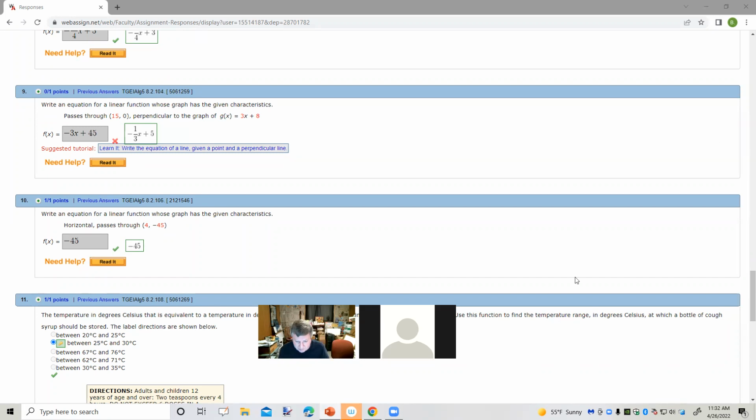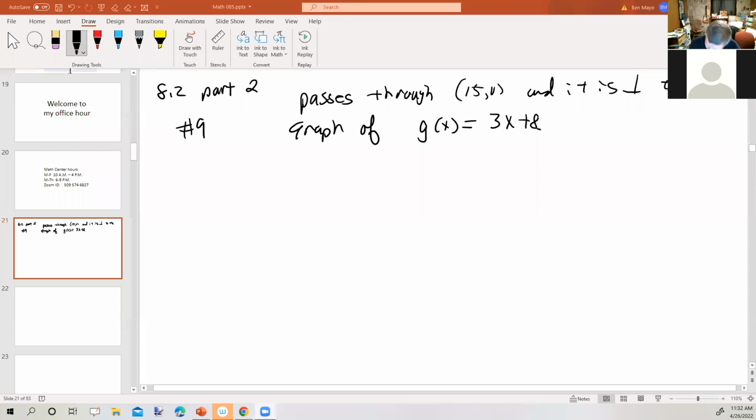Okay, so let's go back to the whiteboard screen again. This symbol right here means perpendicular. When two lines are perpendicular to each other, their slopes are negative reciprocals of each other. g(x) = 3x + 8 is in slope-intercept form, so the slope of g(x) is 3.